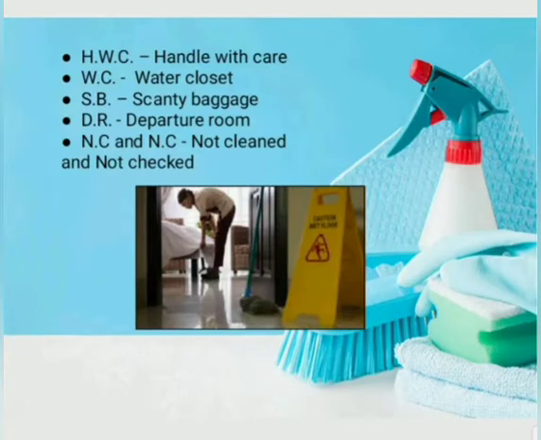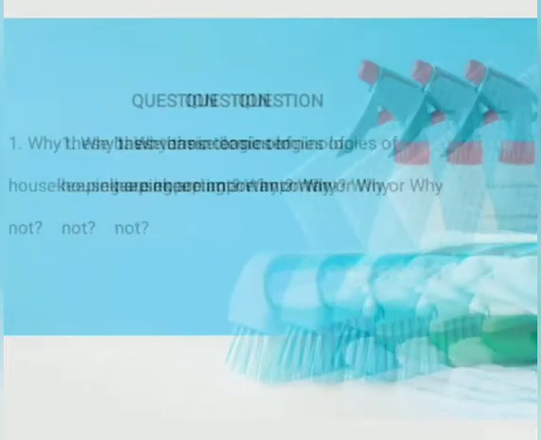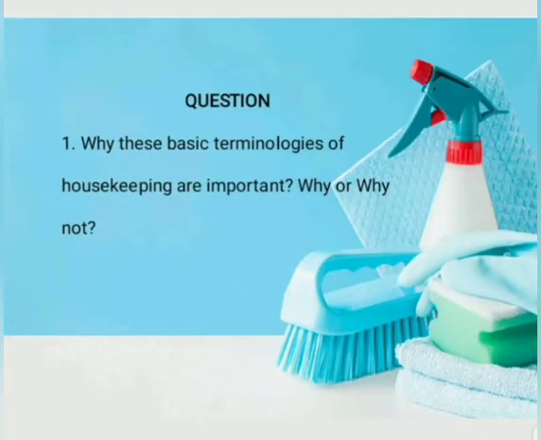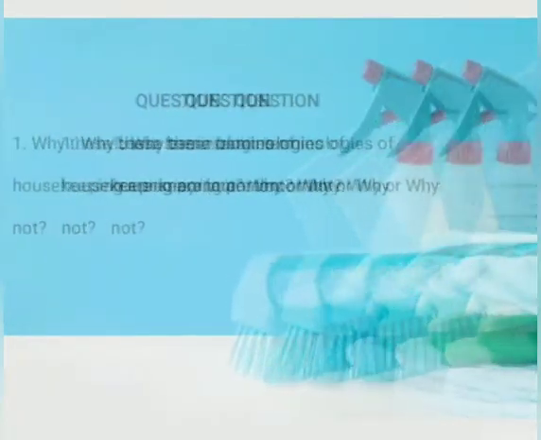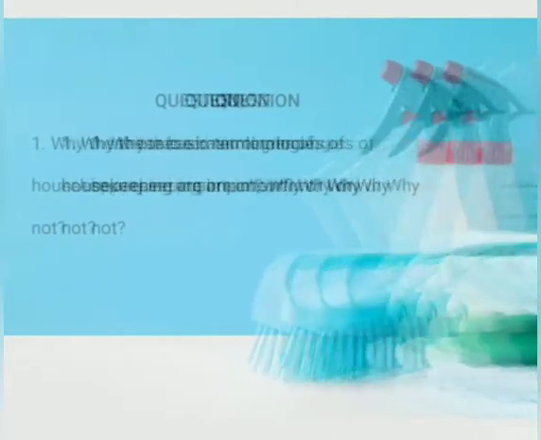It is a room status that indicates the guest has left the hotel without making arrangements to settle. If you have questions, try to go back and check the lesson proper to replay it again.